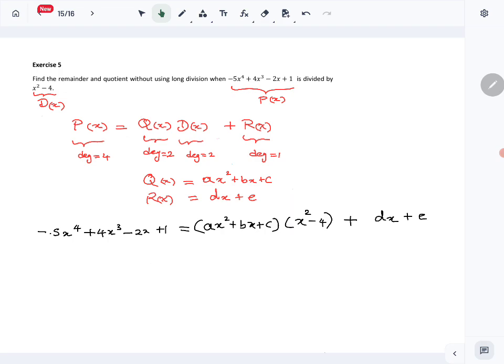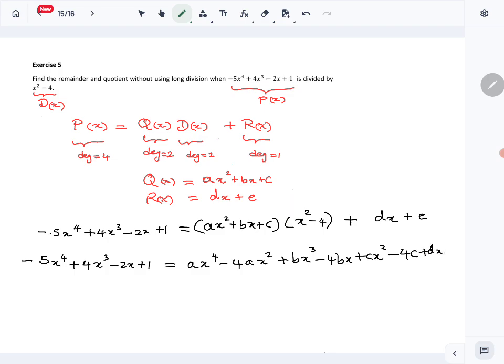Okay, right? So now just get rid of brackets and combine the terms. So I get ax to the 4, minus 4ax squared, bx cubed, minus 4bx, cx squared, minus 4c, plus dx plus e.